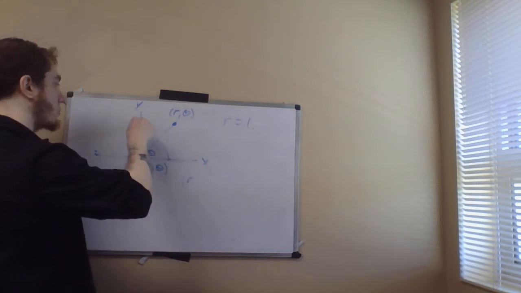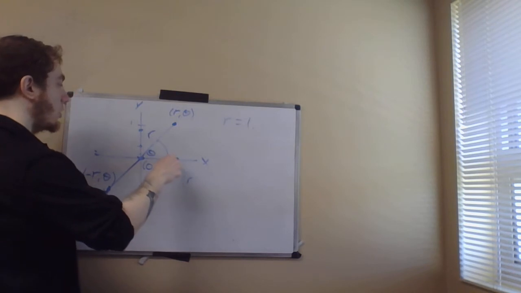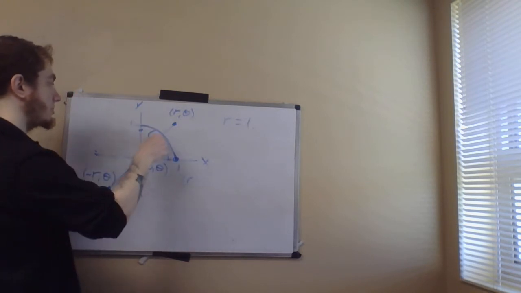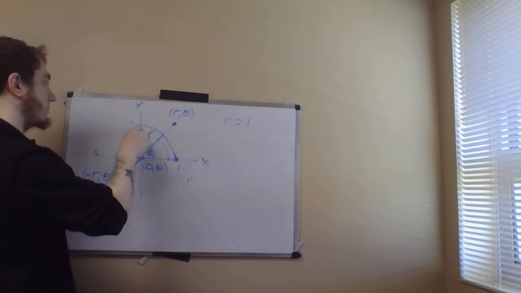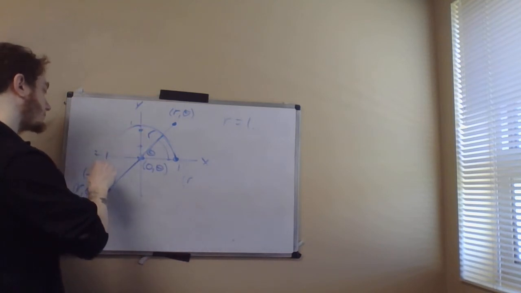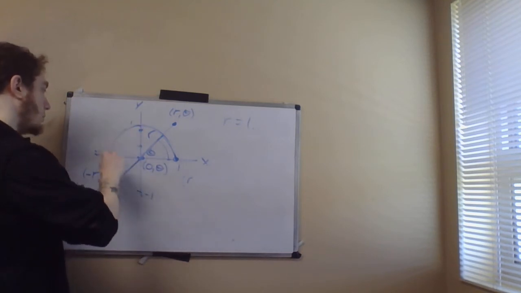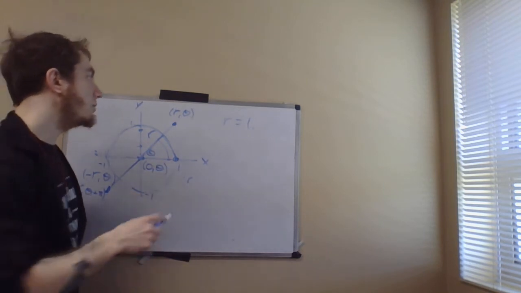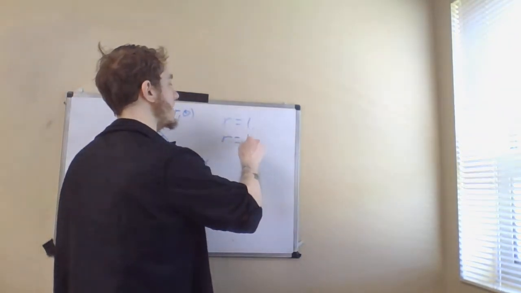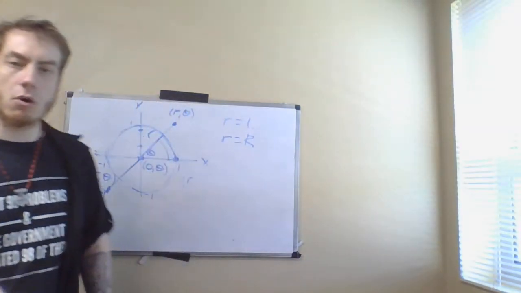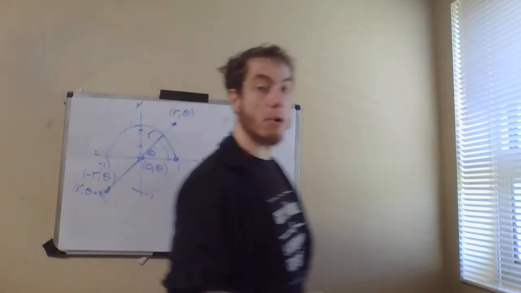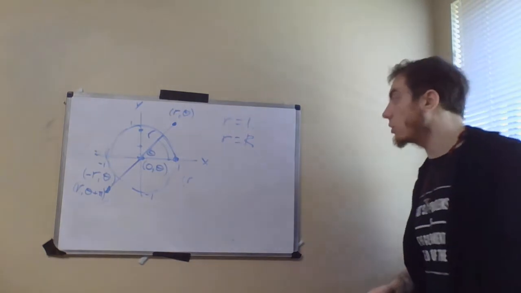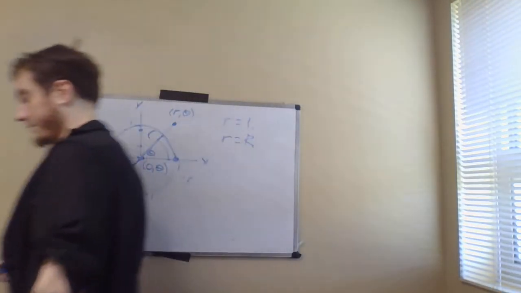So if this is my x coordinate, this is my y coordinate, what I end up with is just a circle of points, all of them a distance of 1 from the origin, which means that what I've got is the unit circle. More generally, if I set the radial coordinate equal to capital R, where capital R is some fixed number, I am going to get a circle of radius R.